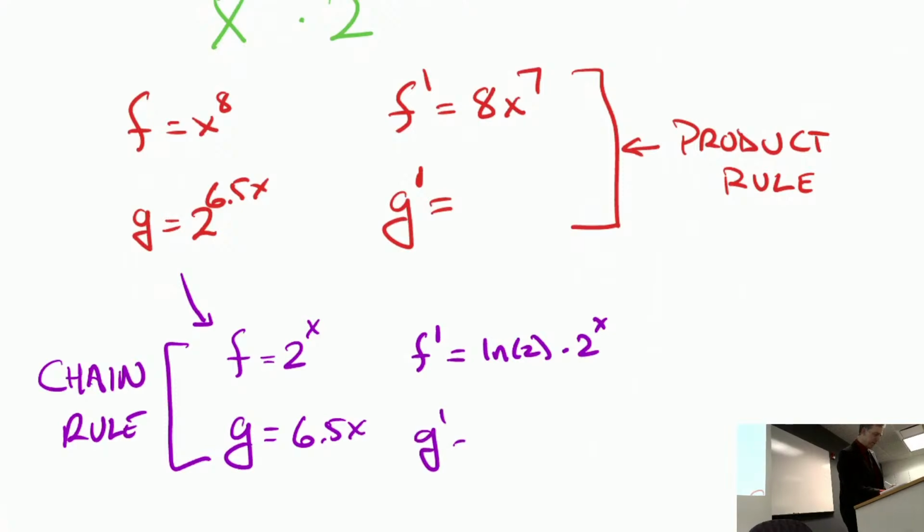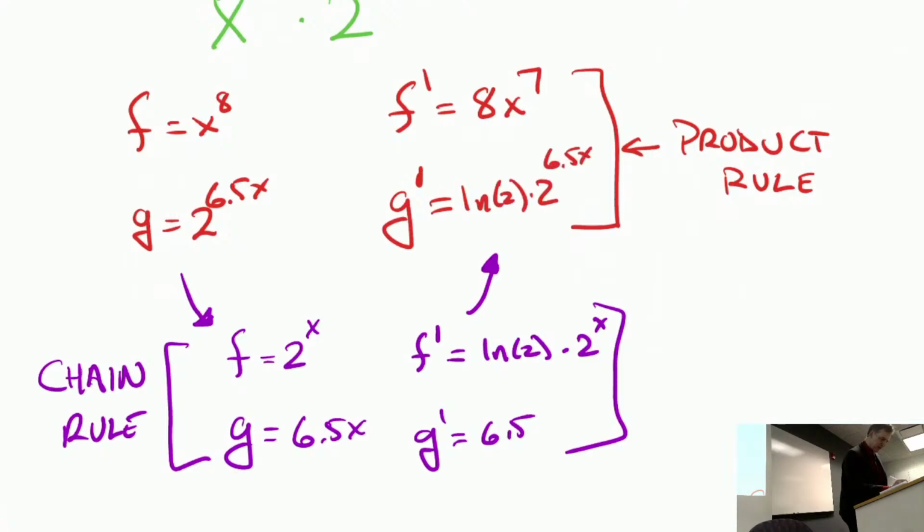And then g prime is 6.5. Okay, so that's the purple stuff, and that was just to get me to do the correct thing up there. So the correct thing up here is natural log of 2 times 2 to the 6.5x.